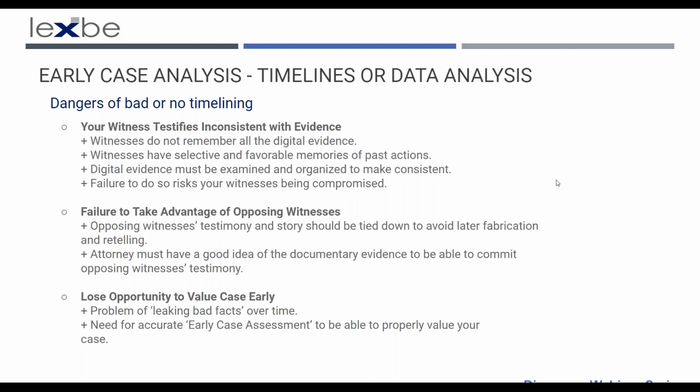So if you are aware and you have a good idea of where, for example, those gaps lie in the data or the evidence, or you have some that support a particular fact that you want to drive home because it helps your argument, you can tie the witnesses down to that evidence or commit their testimony to whatever it is that you're trying to prove, as well as tying the witness to their testimony and possibly avoiding a later retelling of that if they are deposed again or put on the stand at trial.